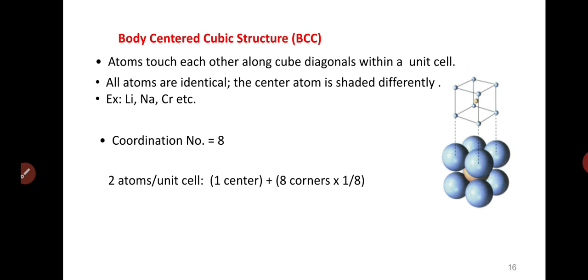So in this BCC structure, there is one additional atom which is well within the cube, at the center, and therefore the total number of atoms in the unit cell can be calculated: the one center atom plus 8 corner atoms multiplied by 1 by 8. So therefore there are 2 atoms per unit cell.